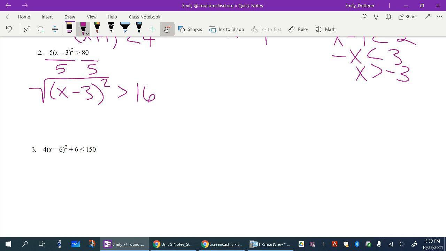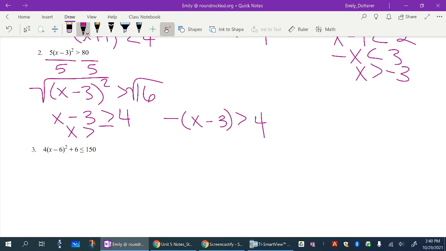Take the square root. On the left, we add 3 to both sides. 4 plus 3 is 7.